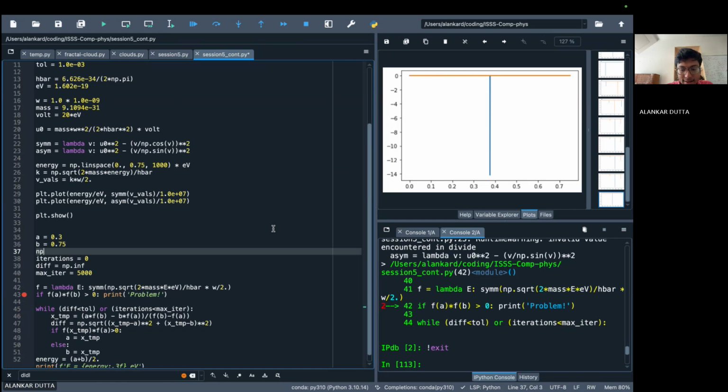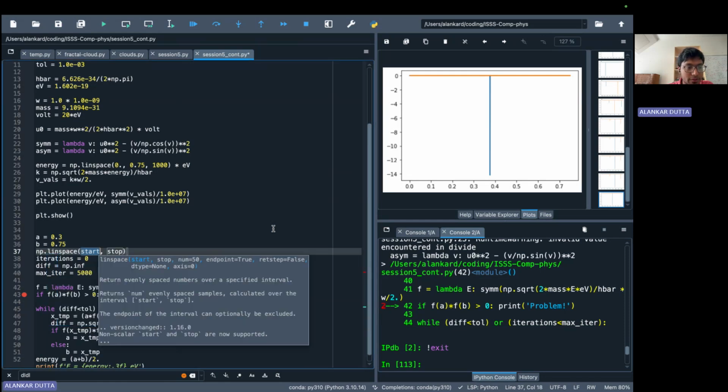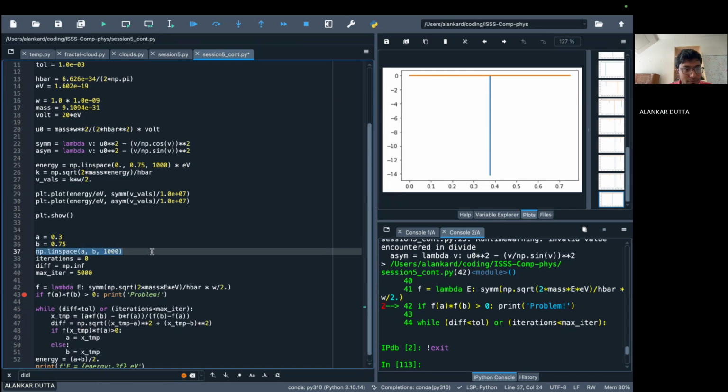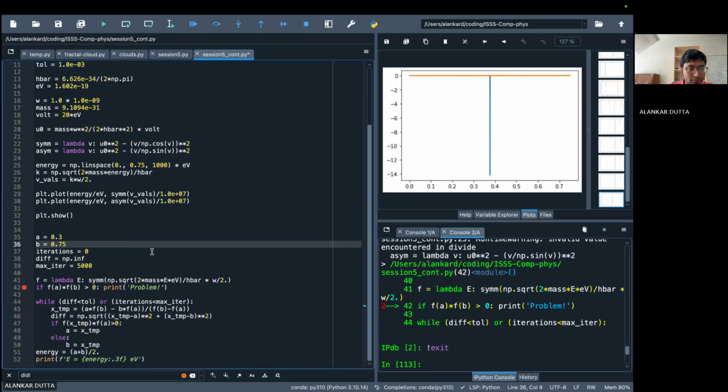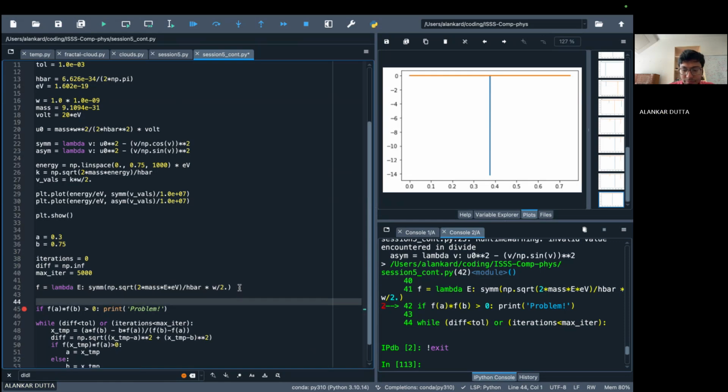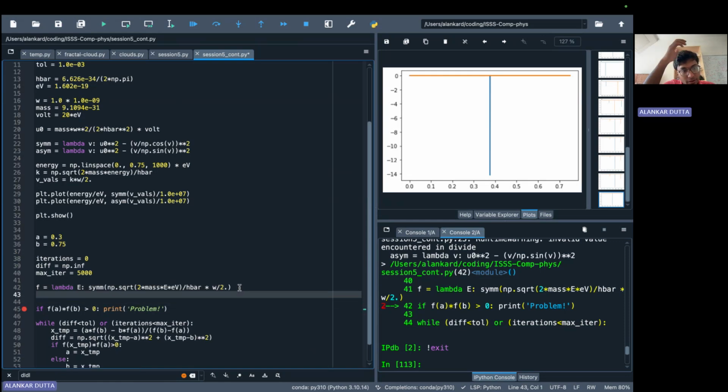So np.linspace from a to b, and we take 1,000 points, and we find out the place where the function changes sign, right?